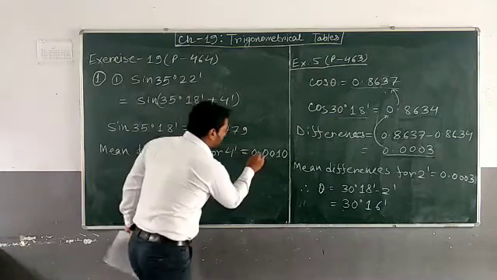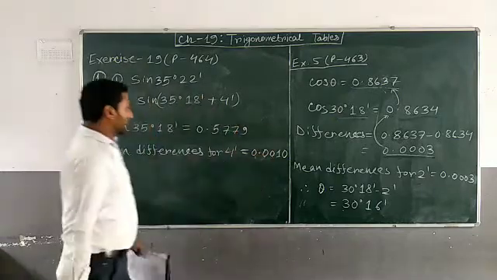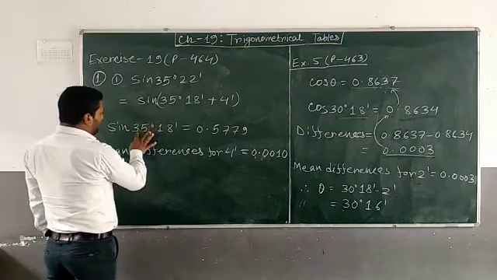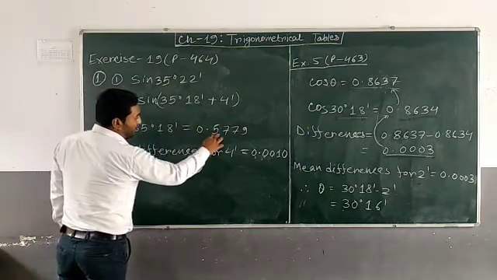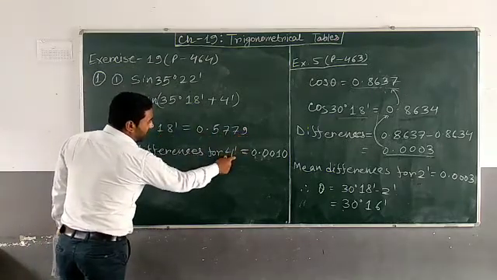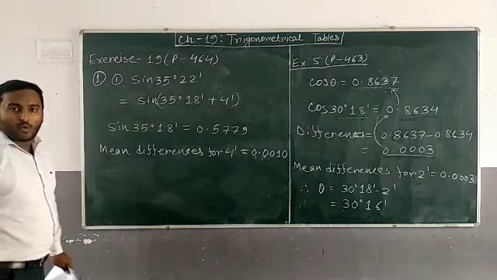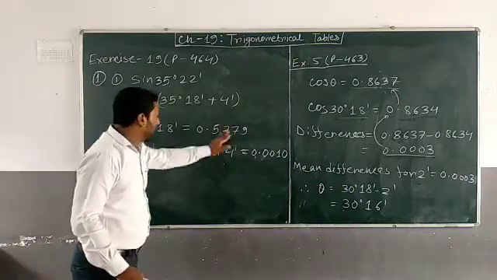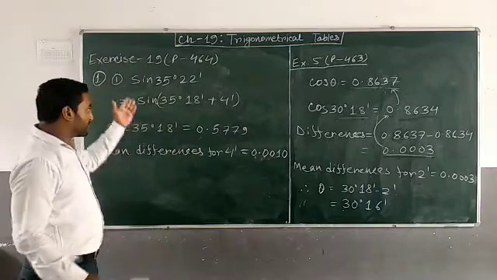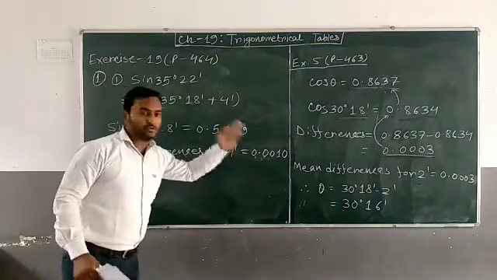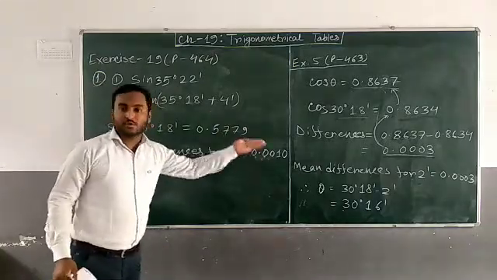Now 35 degree 18 minutes is 0.5779, and for 4 minutes 0.0010. These two will be added together, because for sine, if the angle increases, the value of the ratio also increases.